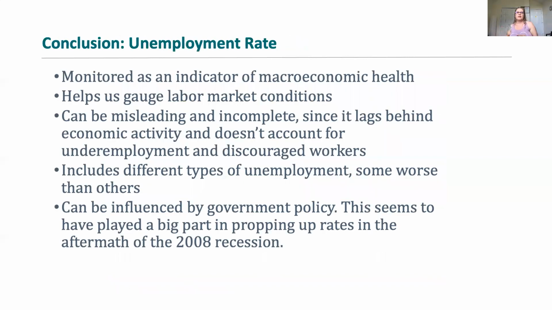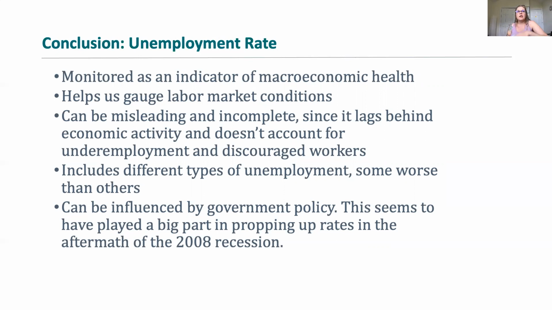So in conclusion, we use the unemployment rate as another measure for looking at macroeconomic health. It helps us gauge labor market conditions, but it's not perfect. It lags behind the actual economic activity, so we can't measure it until it's already happened. And it doesn't account for underemployment or discouraged workers.